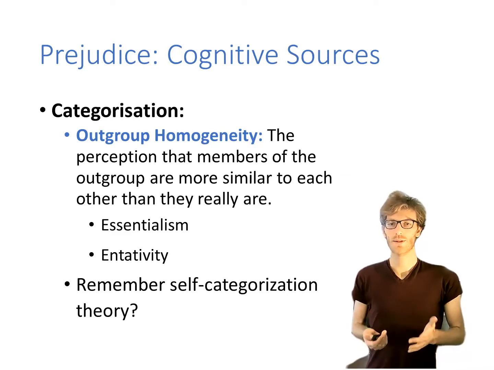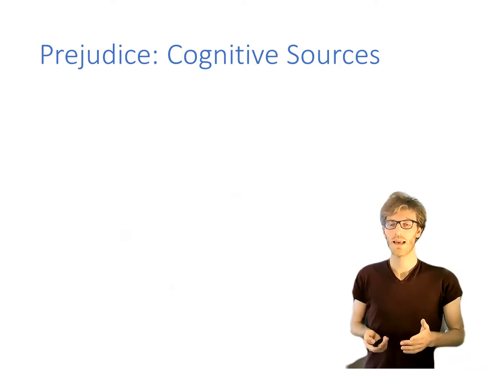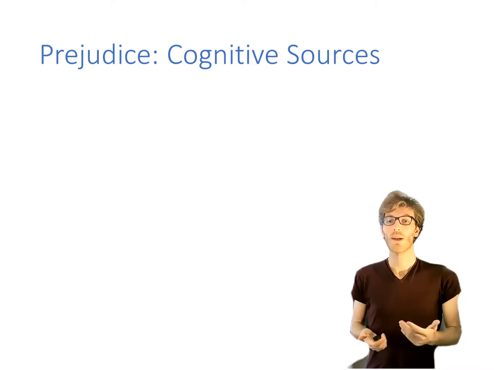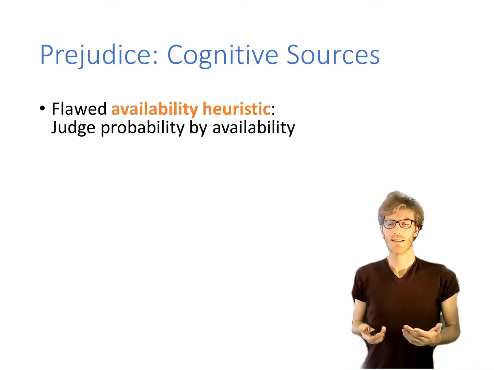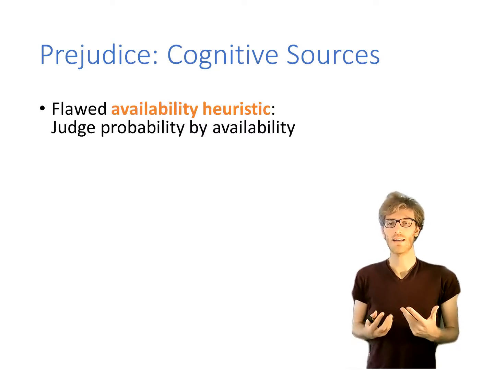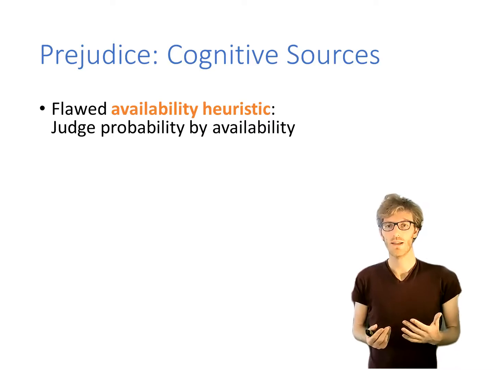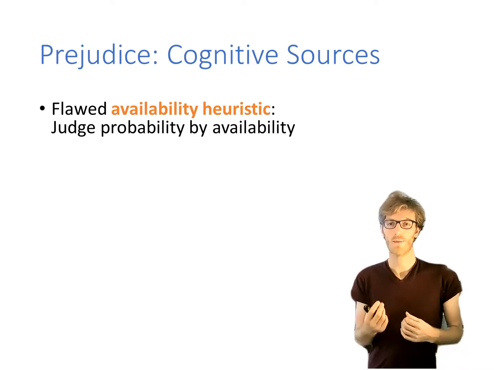Another important cognitive source of prejudice comes from the way we think about the world, from a cognitive bias. And that's the availability heuristic. It's generally quite hard, in the absence of complete information, to think about probabilities and to think about shares.